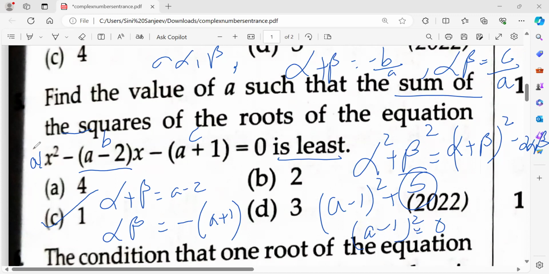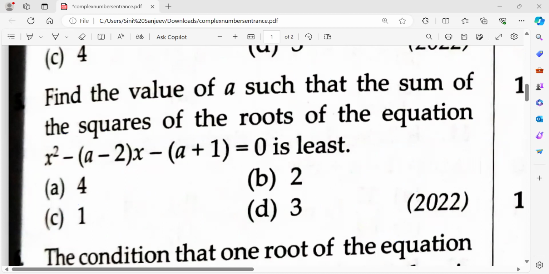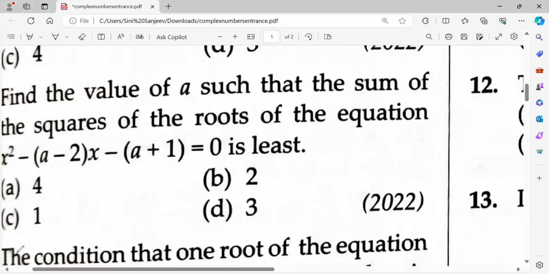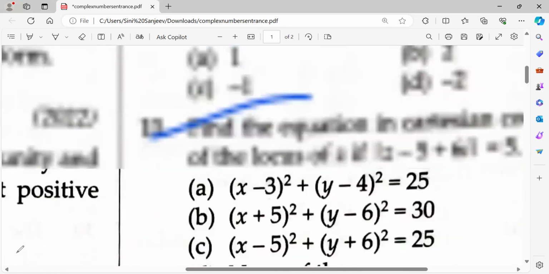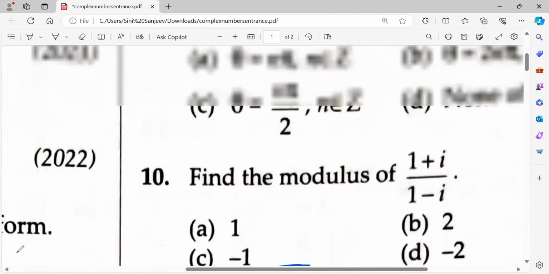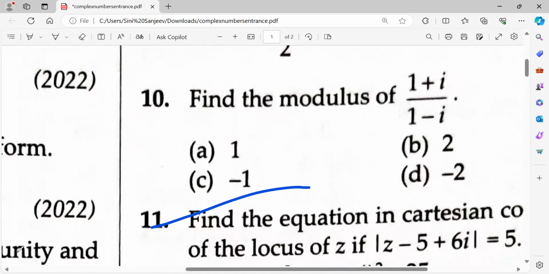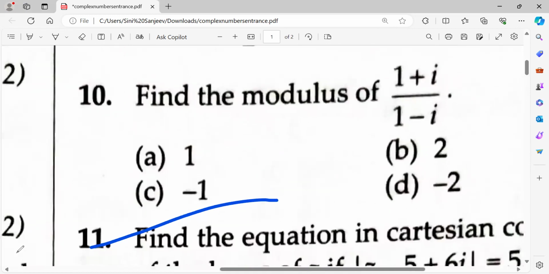Yeah. So I hope you guys have copied this. Let me go to the next one. Tenth question. Find the modulus of 1 plus i by 1 minus i.